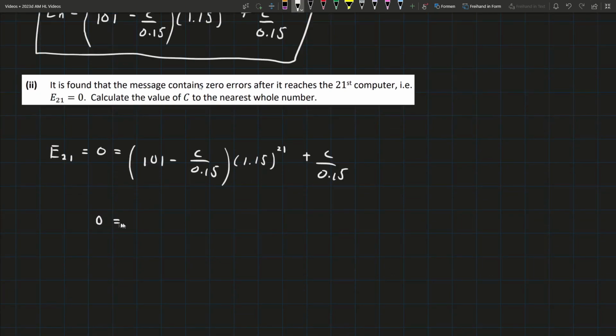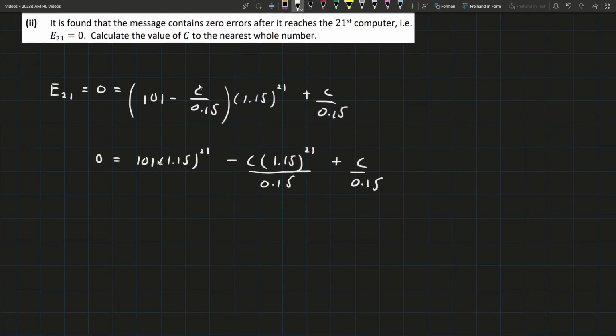Now to solve for c, we're going to have to expand out this bracket. So we'll get 0 equals 101 times 1.15 to the 21 minus C, it should be capital C really, I think, C times 1.15 to the 21 all over 0.15 plus C over 0.15. We can bring the constant over to the other side and we'll get minus 101 times 1.15 to the 21 equals, and then we'll factor out a C, because we're trying to get that, C times minus 1.15 to the power of 21.